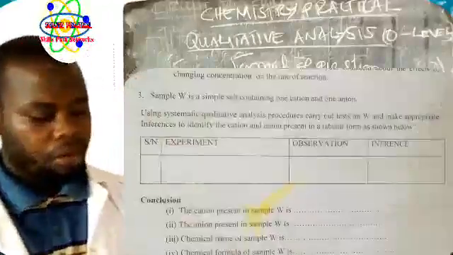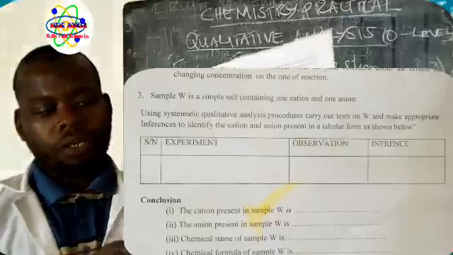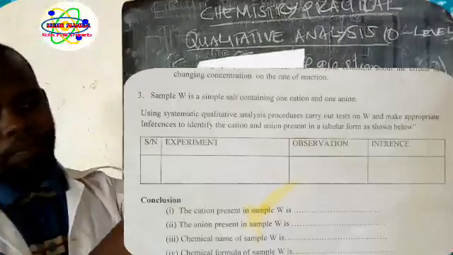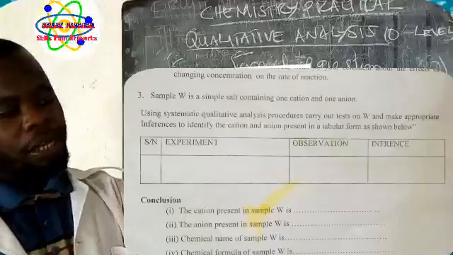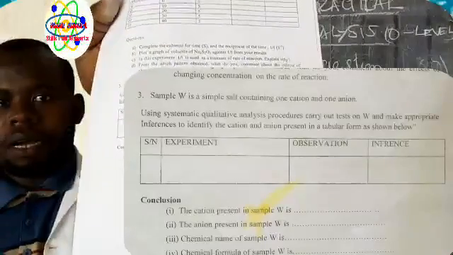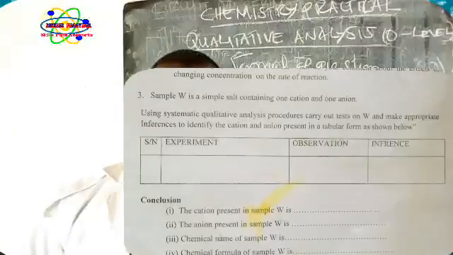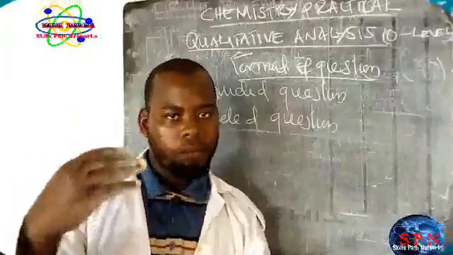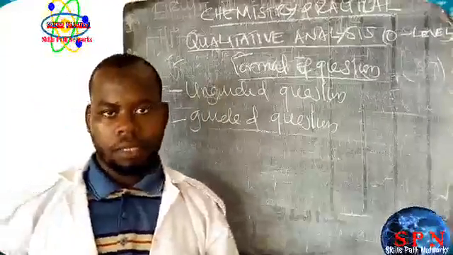We are going to see, for example, this one. This is the unguided question. It means you have been given sample W or sample X. Then this is the format of the unguided questions. It means you start one by one procedure from your guide sheet, not otherwise.